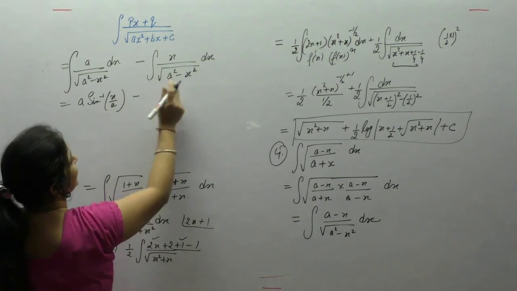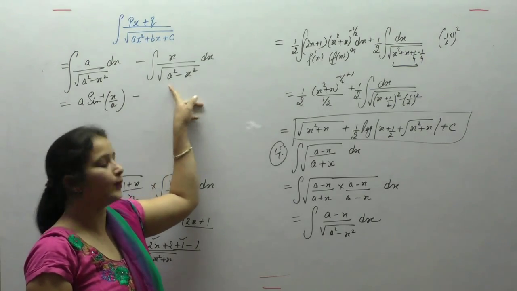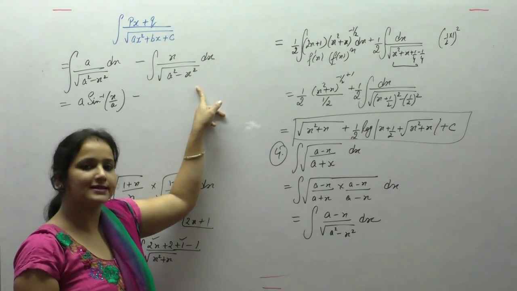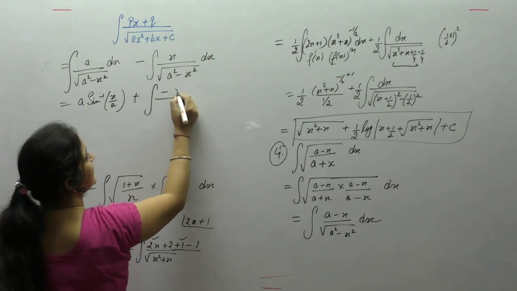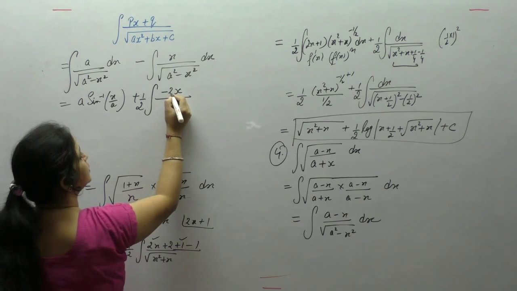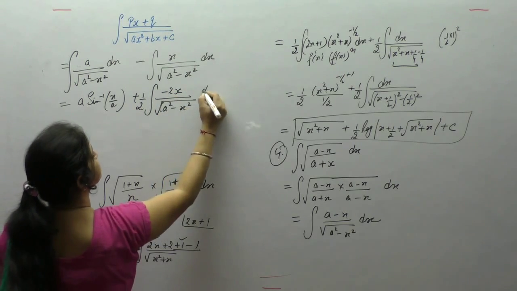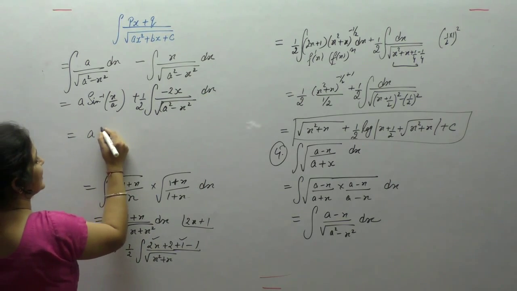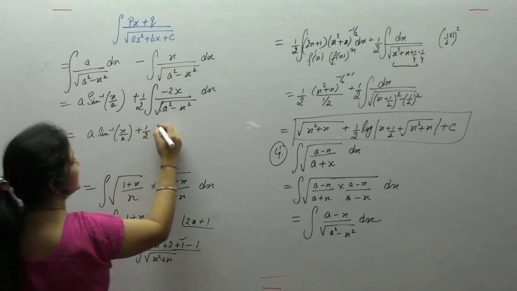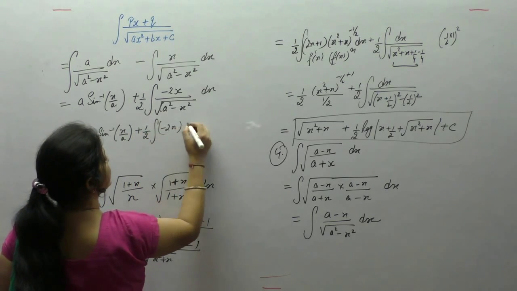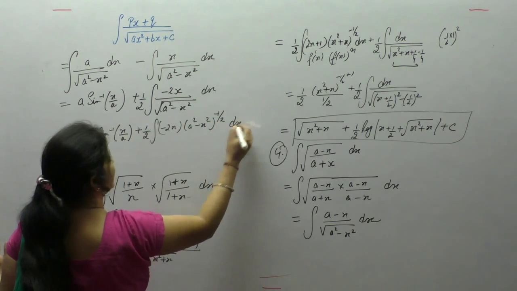And here complete the derivative. A square is constant, derivative of a square is 0, and derivative of minus x square is minus 2x. So we take minus here, multiply and divide by 2. A sin inverse x upon a, we can write it as minus half into minus 2x into (a square minus x square) power minus half.